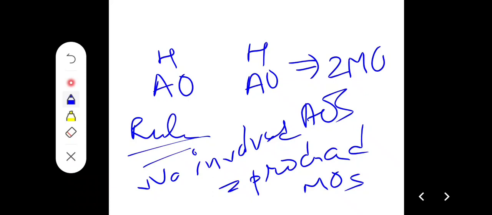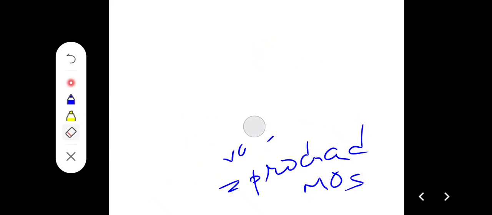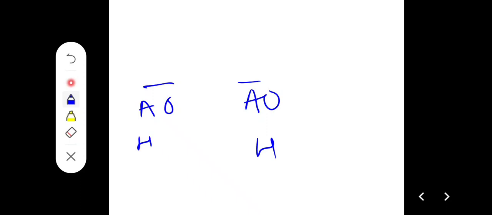As there are two hydrogen atoms and both provide atomic orbitals, definitely two MOs are produced.